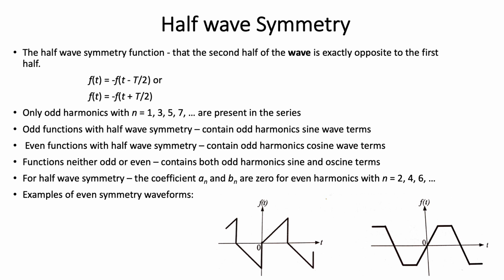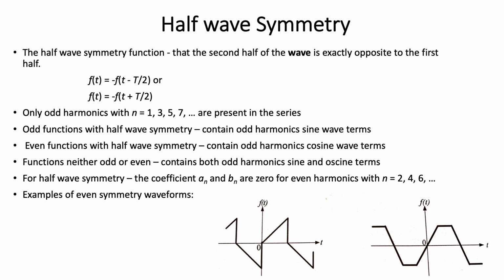Odd functions with half-wave symmetry contain odd harmonics sine wave terms. Even functions with half-wave symmetry contain odd harmonics cosine wave terms. Functions neither odd nor even contain both odd harmonics sine and cosine terms.